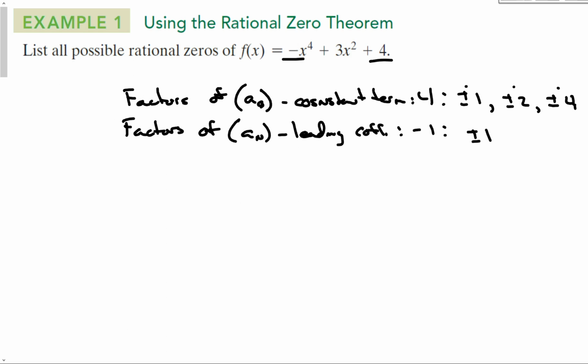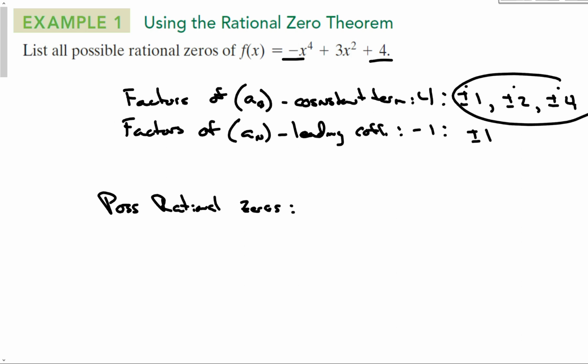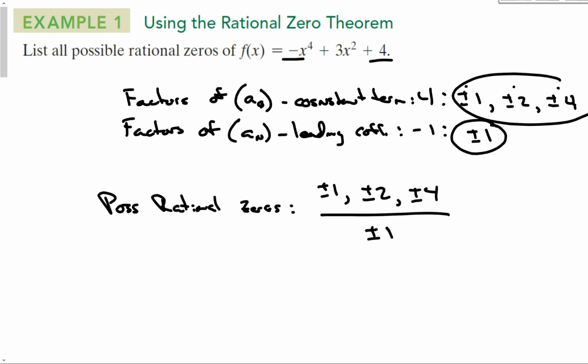Okay, so from the last page, the possible rational zeros are the factors of the constant term divided by the factors of the leading coefficient. So we have to take all of these numbers right here and divide them by everything down there. So that's going to be plus or minus 1, plus or minus 2, plus or minus 4, all divided by plus or minus 1.